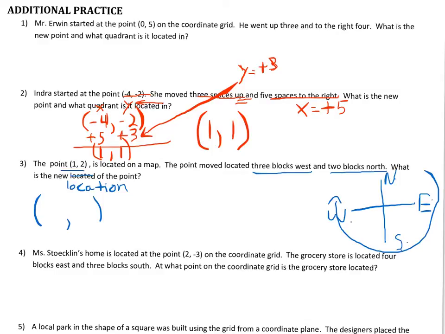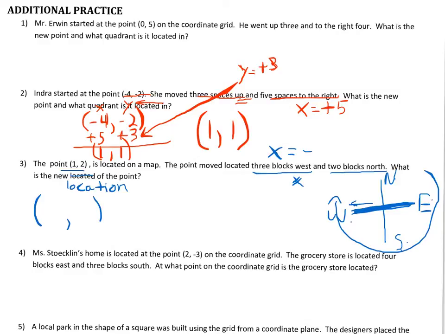All right, so the point moved 3 blocks west. Well, look at west. Okay, which axis is the west on? It's on the x-axis. Okay, so west tells me it's on the x-axis, and because I move left, I know, is it a positive or a negative x?